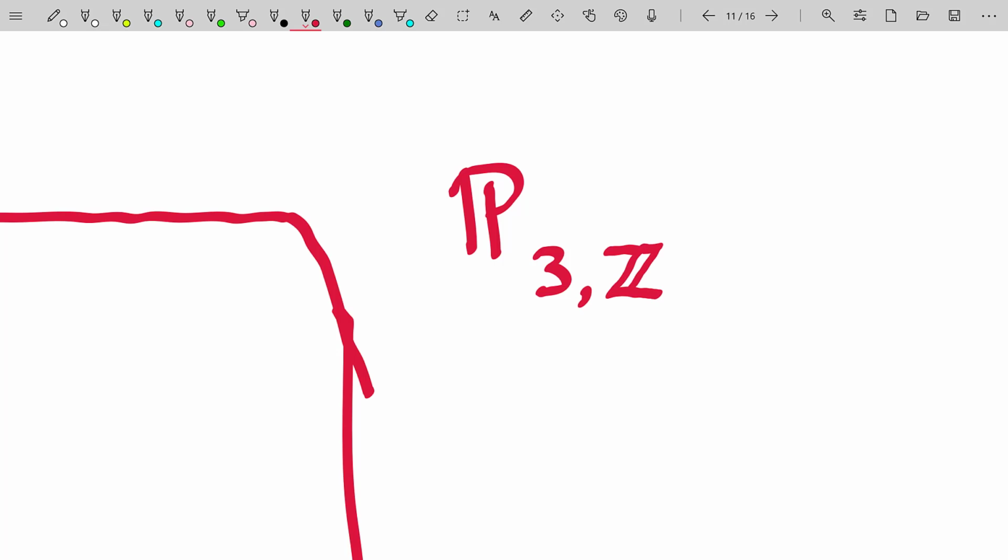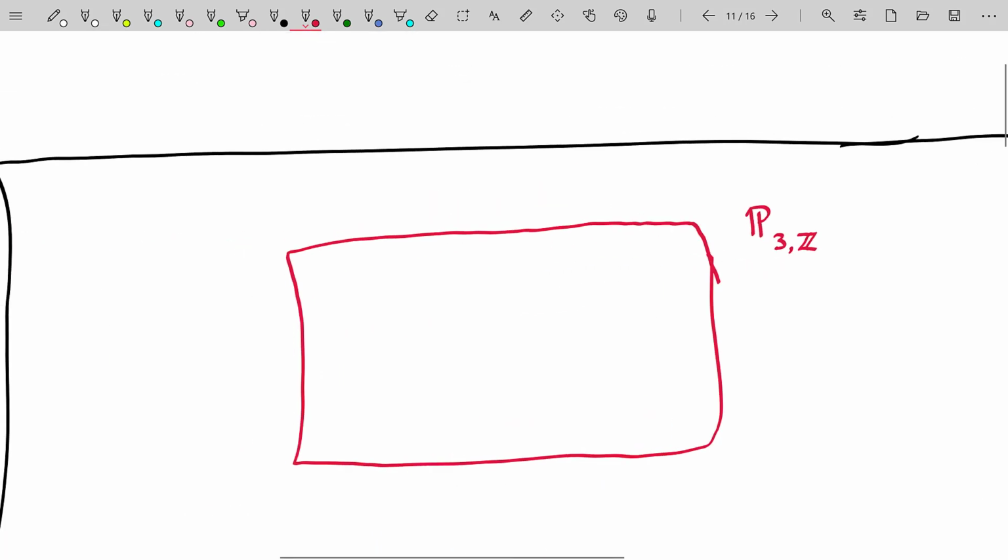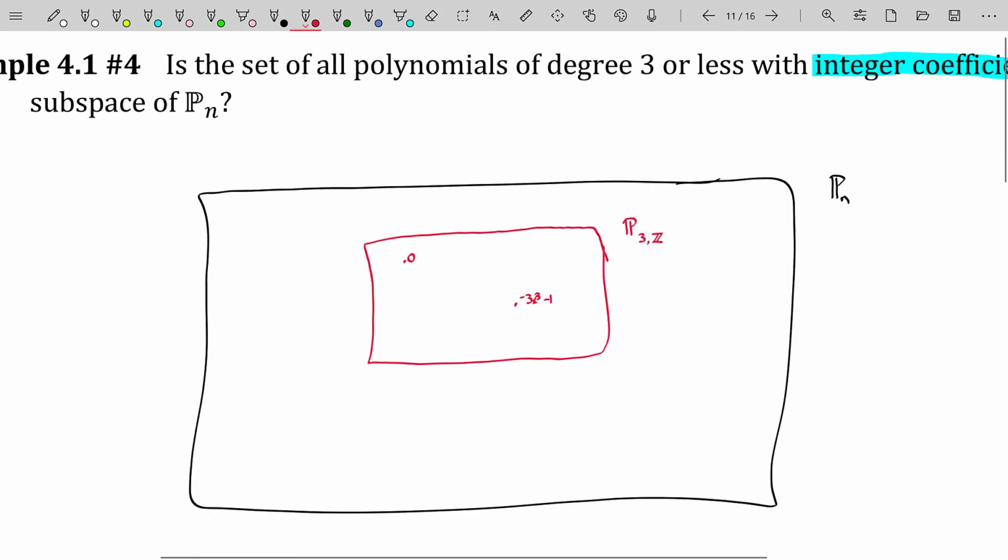So for example, elements within this would be stuff like 0, actually. 0 is a polynomial of degree 3 or less, and it has an integer coefficient of 0. Another element within that subset would be something like negative 3x cubed minus 1, and so on and so forth. You get the point. The question is, is that a subspace? Not just a subset, but a subspace of P sub n.